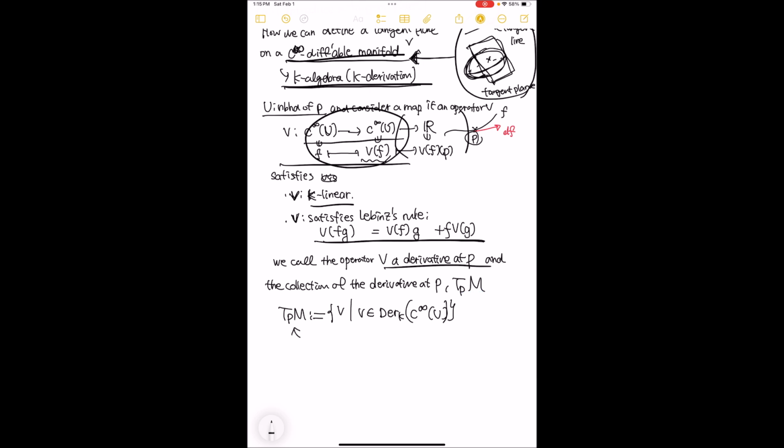Then that is called a tangent vector space, and V is a tangent vector.